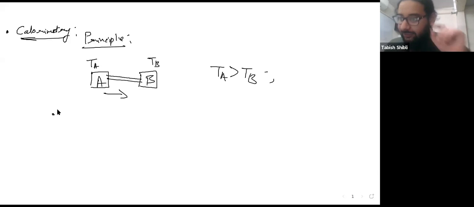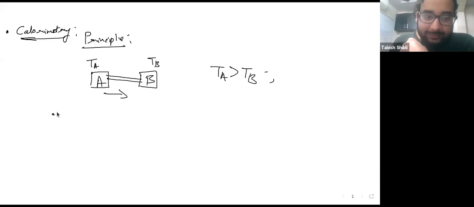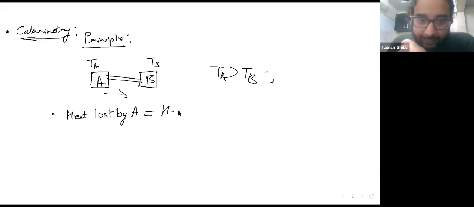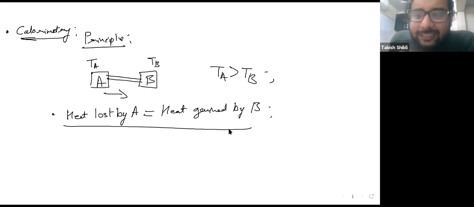Now, what the principle of calorimetry says is that the heat that is lost by A should be equal to the heat that is gained by B. It seems very obvious that this should be true, but if you think about it, it is not.